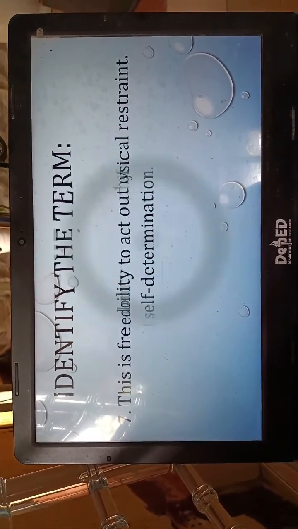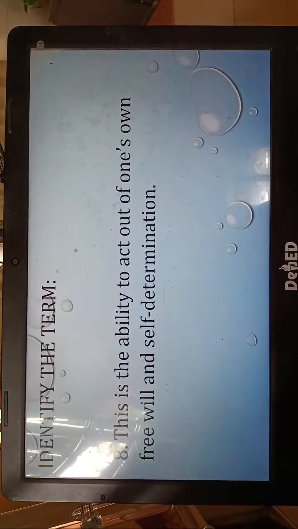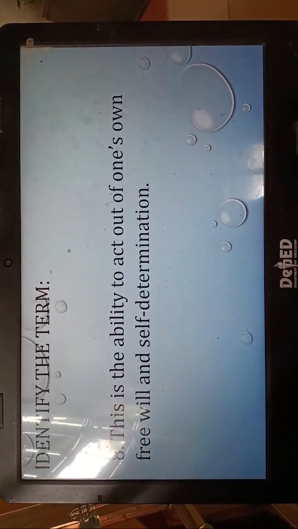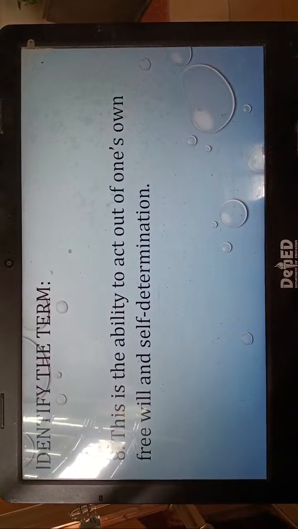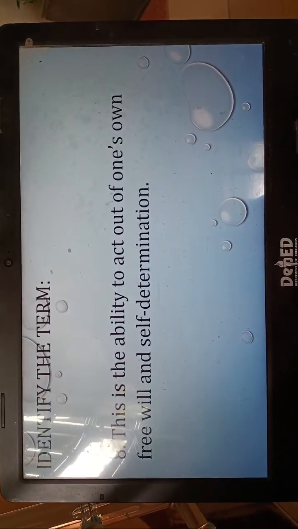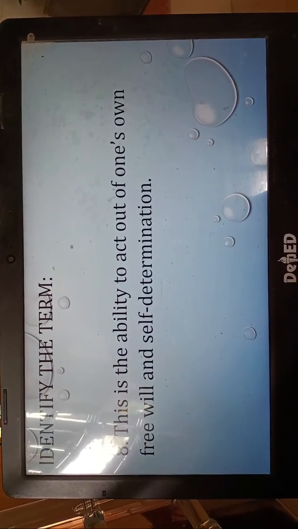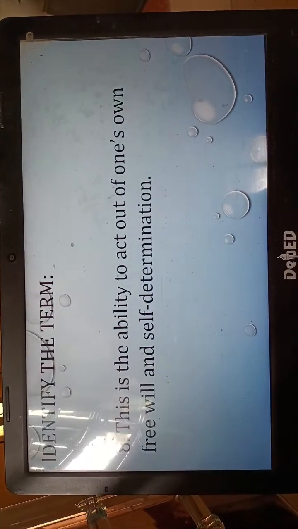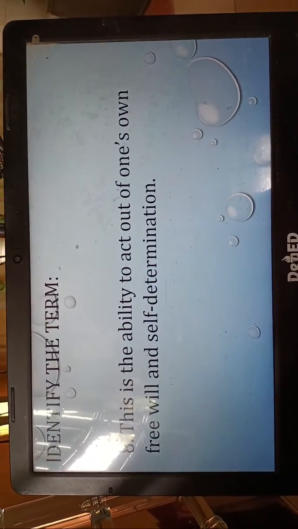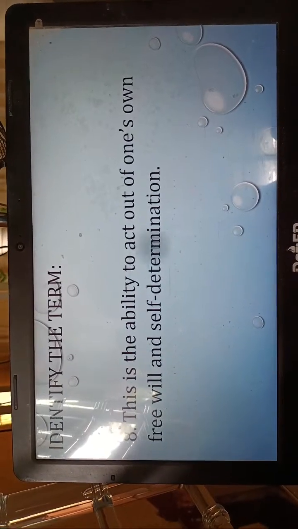Then, number 8. This is the ability to act out of one's own free will and self-determination. From the word act out of one's own free will. Ano kaya ito?